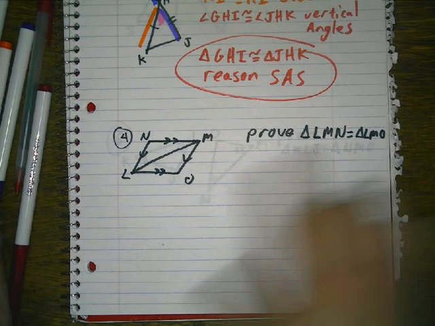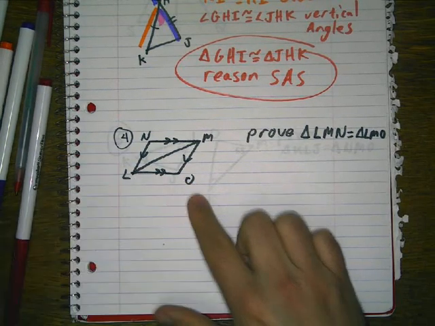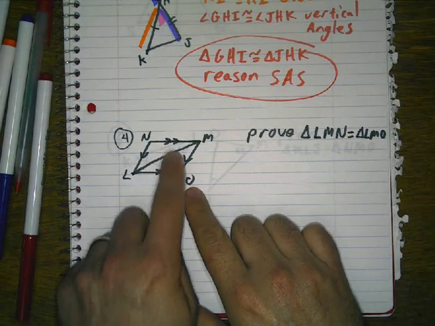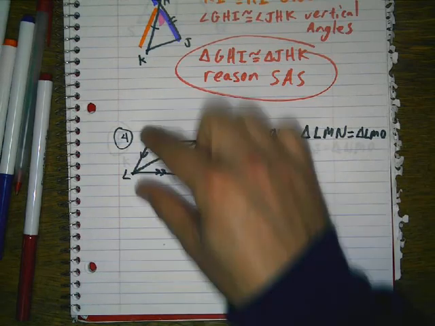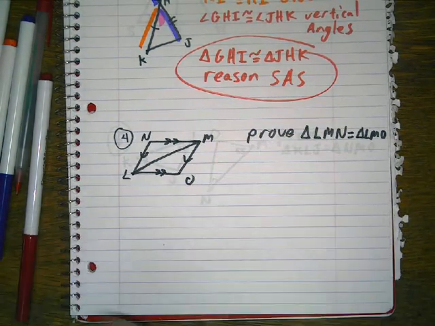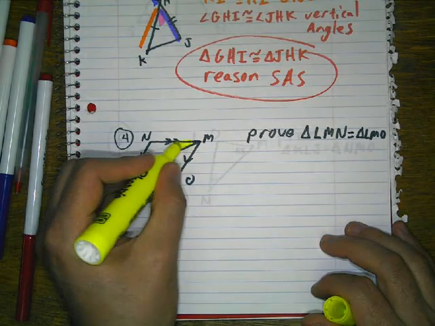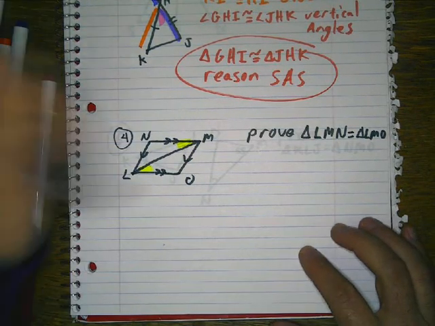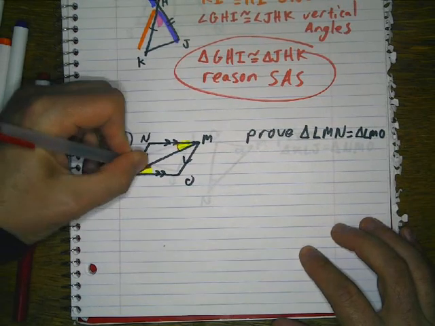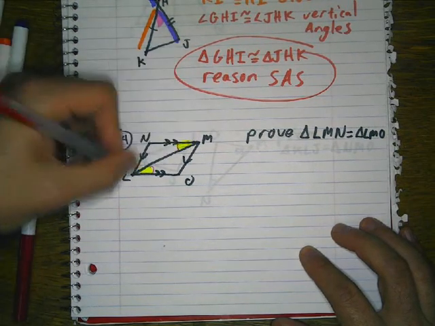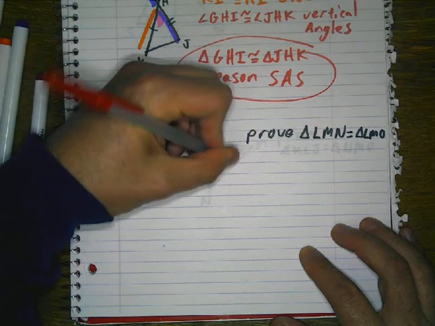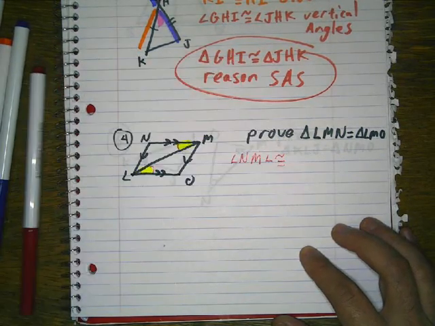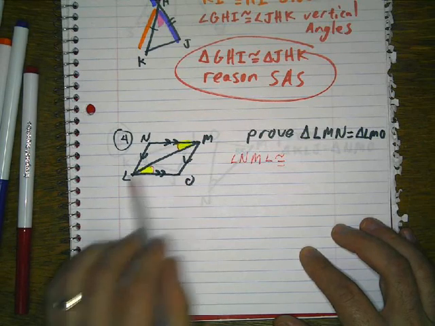Prove these are congruent. Okay, so this is a little tricky. I don't see any angles drawn here, but the arrows mean that the sides are parallel. So if those are parallel, then I know this angle here and this angle here must be congruent. So the first thing I'm going to say is that angle NML is congruent to angle OLM.